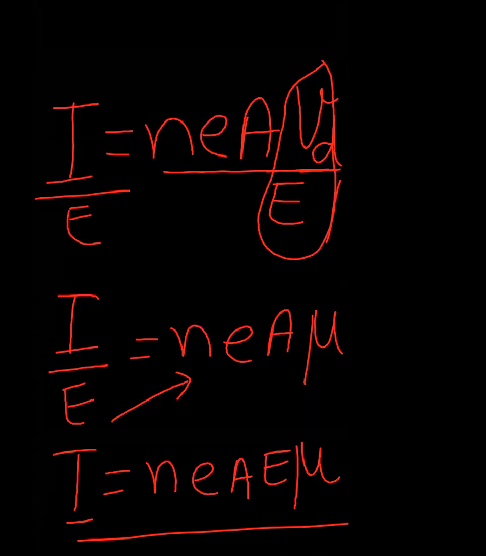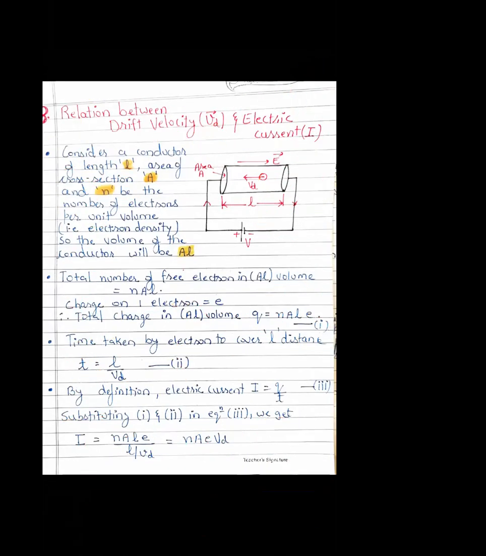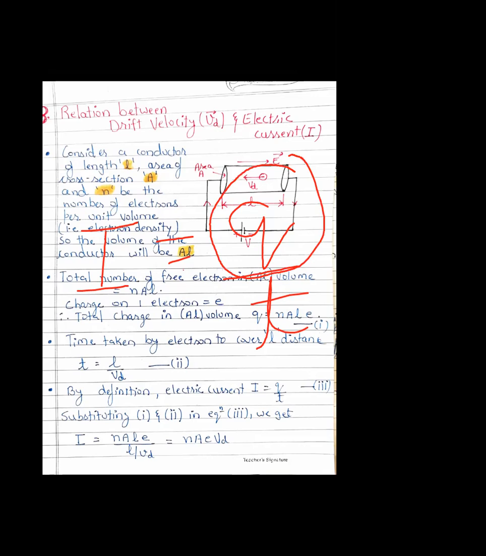Now, the last topic of this video is the relation between drift velocity and electric current. Very important, very easy. Children, we are going to derive the relation between current and drift velocity. For current, we know I equals Q by t. For finding I, we need to know the amount of charge in the given conductor, that is, how much charge is there in the conductor you have been given.